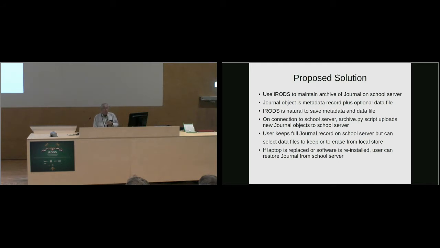The way this will work is when the user connects to the browser through the network, the browser will run a script, which I'm calling archive.py, which will look through all of the journal objects and find ones that are new since the last time they were saved, and backs those items up to the school server via iRODS.